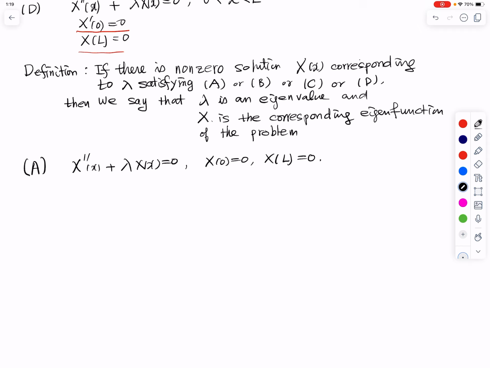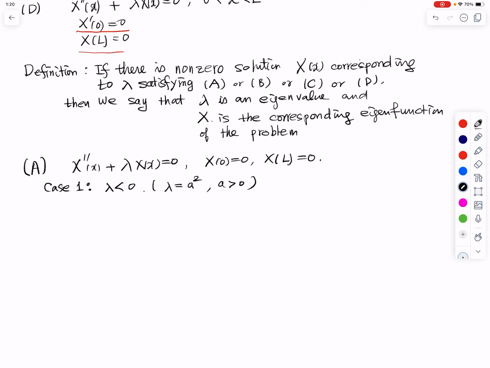By ODE, the first case, case 1: suppose lambda is negative first. In this case, you can write lambda equals a squared, where a should be positive. So you can write that in this way.